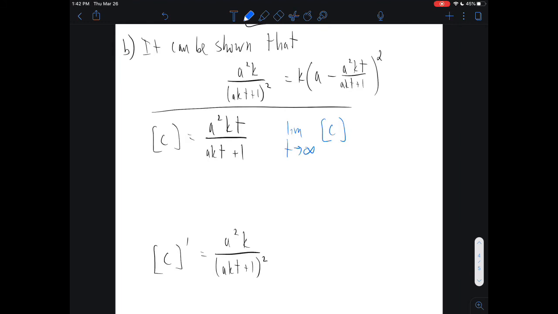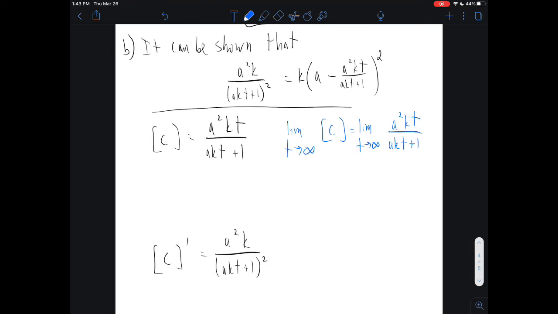So let's start with our concentration. So this is asking what is the limit as t approaches infinity of a squared kt divided by akt plus 1. And if you think back to what we did in chapter 2, when we want to find these limits at infinity, we saw that we should divide by the highest power of the independent variable that is in our fraction.